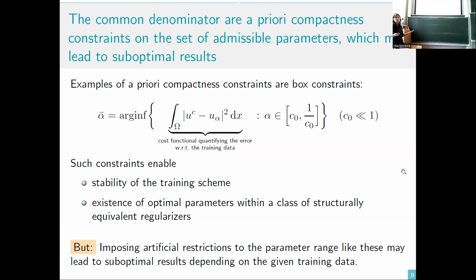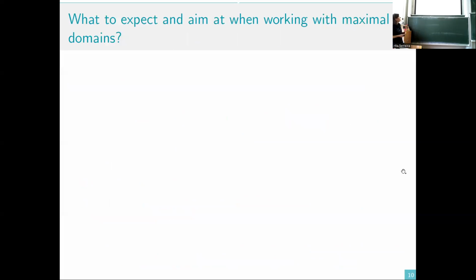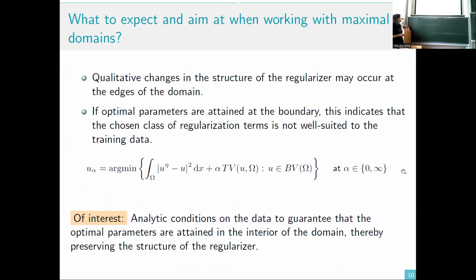And then, of course, what we want is to work with maximal intervals. If we do so, what can we expect? For sure, one thing that most probably is going to happen is that at the edges you have some loss of structure.